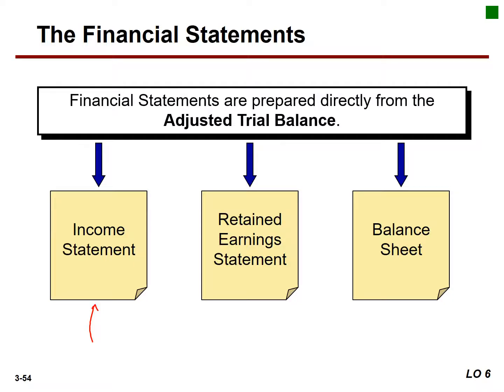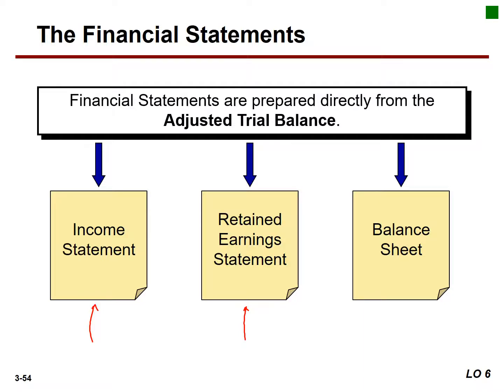That net income or net loss is going to appear on our retained earnings statement, so we would prepare it next. Remember, in our retained earnings statement, we show our beginning retained earnings balance plus any net income that has been earned during the period, or minus any net loss that we might have had, minus any dividends that might have been paid out. That's going to give us our ending retained earnings balance.